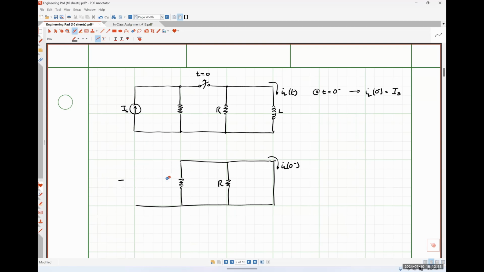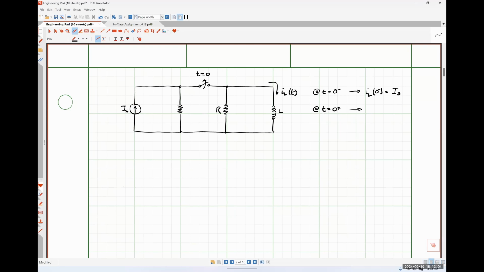All right, so we know what's going on with the inductor current at t equals 0 minus. What should happen to the inductor current at t equals 0 plus?